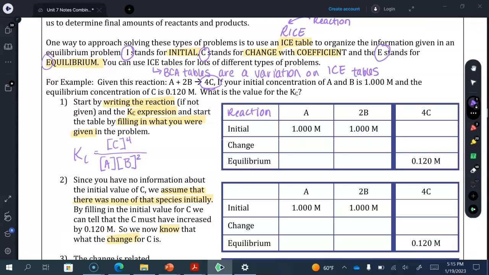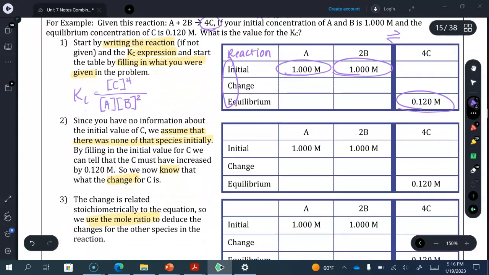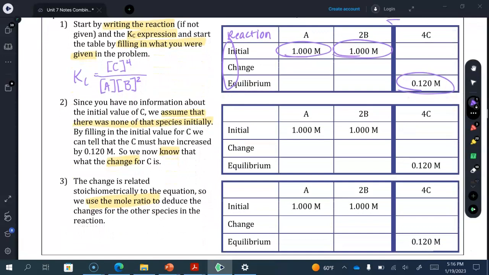So we set up our ICE table, and then our reaction across the top, where our reaction arrow would be here. Okay, you write what you were given in the problem. Since we have no information about the initial value of C, we can assume that that is going to be 0.